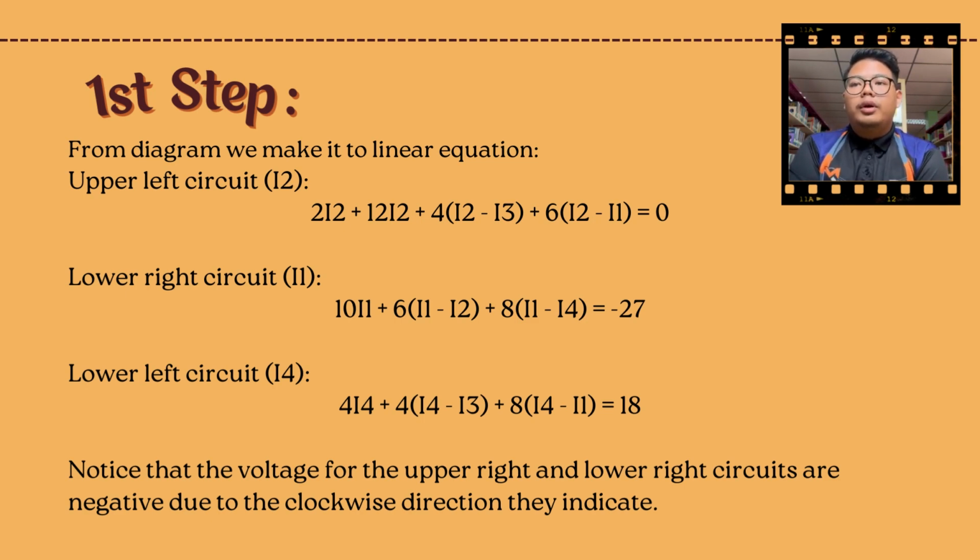While for the lower right circuit, which is I1, it will be 10I1 plus 6 in bracket I1 minus I2 plus 8 in bracket I1 minus I4 equals negative 27. And the last one, for the lower left circuit, which is I4, it will be 4I4 plus 4 in bracket I4 minus I3 plus 8 in bracket I4 minus I1 equals 18.